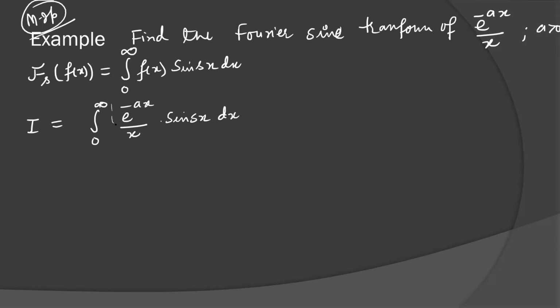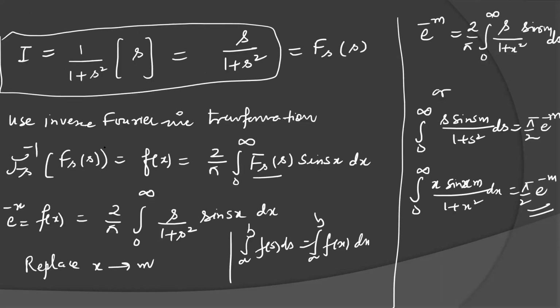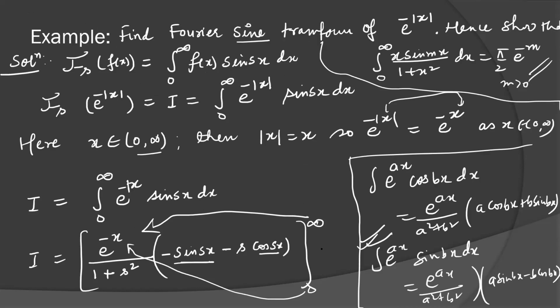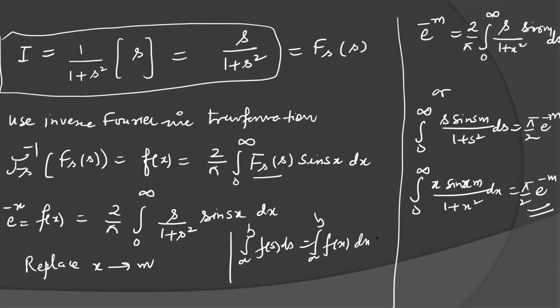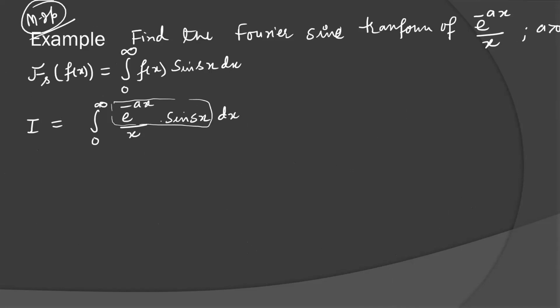We can integrate this function using the result I discussed earlier, but due to x in the denominator, we cannot use this property. This property I have discussed here, e to the power ax sin bx dx. We cannot use this property here due to x in the denominator. We have to eliminate this x.